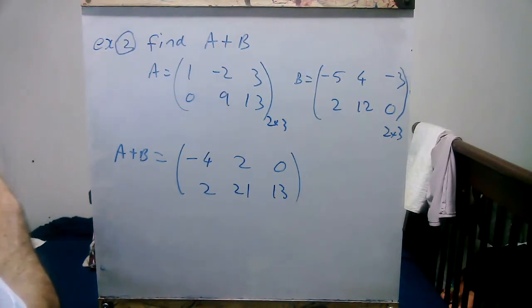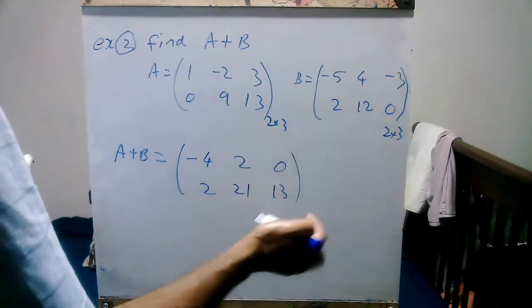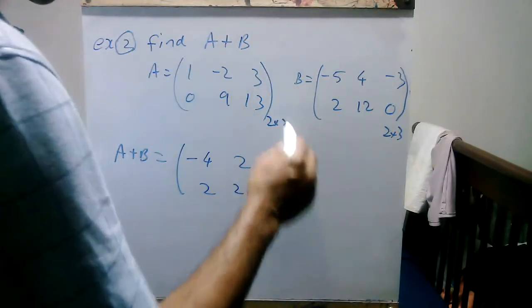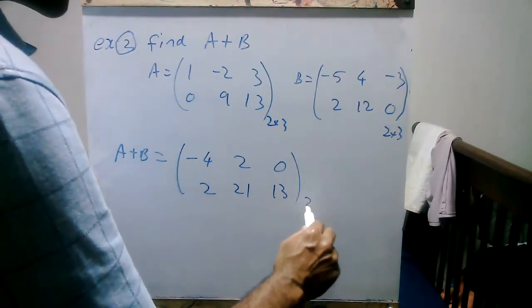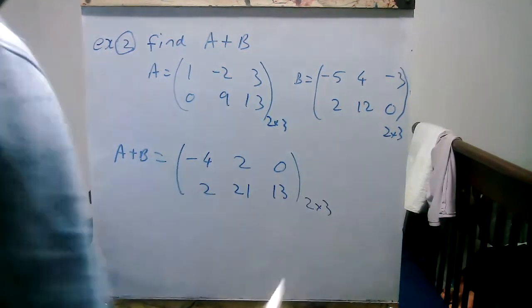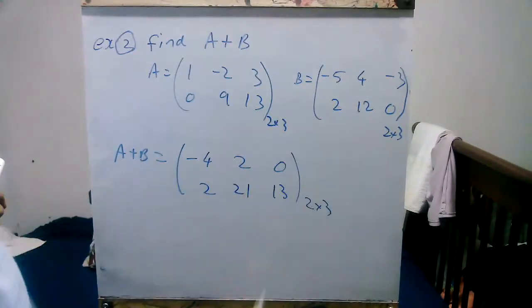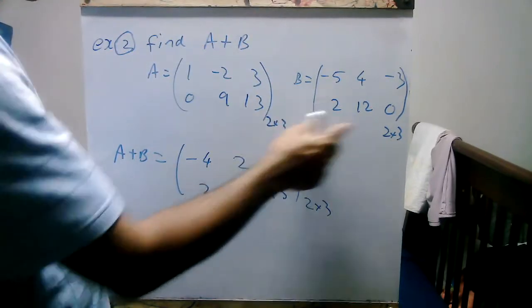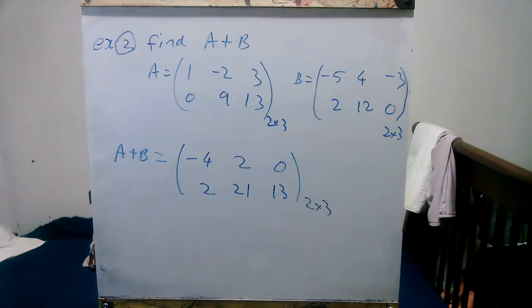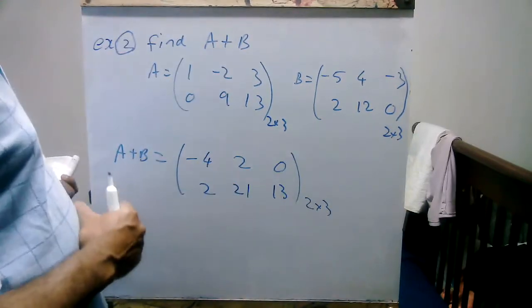Right, now the size of this, the dimensions should be the same, 2 by 3, 2 by 3. In the answer you don't have to show these dimensions, but I'm showing their dimensions to show you that to add, their dimensions should be the same, and also the resultant has the same dimensions.